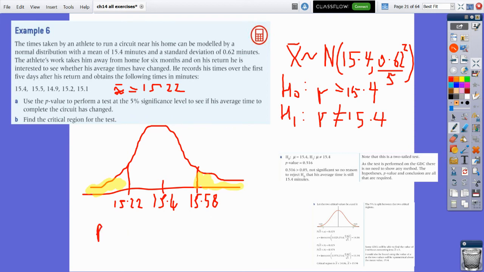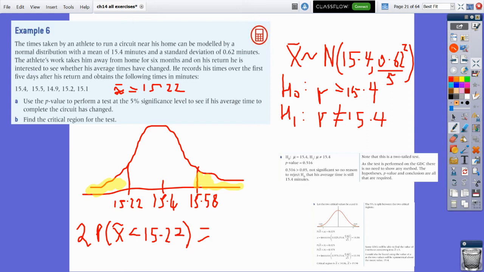We want the probability that X bar is less than or equal to 15.22, it makes no difference in this case because it's continuous data, plus the probability that we're greater than this. But seeing as that's going to be the same size of probability on both sides, I can simply do 2 times this thing here. So let's get that p-value out.